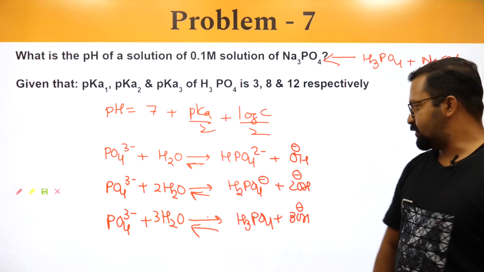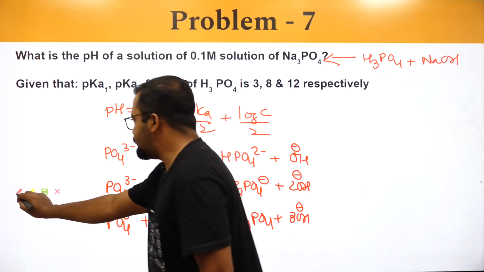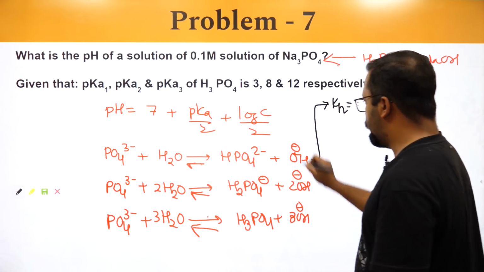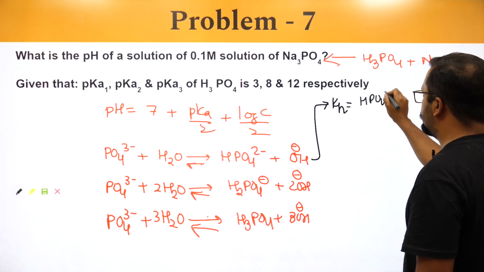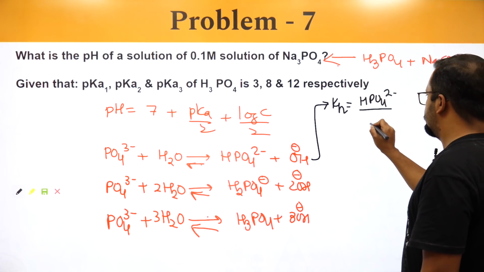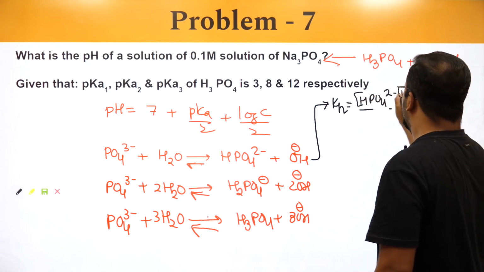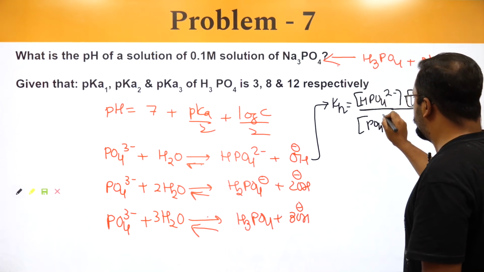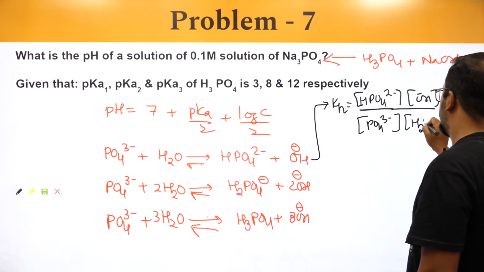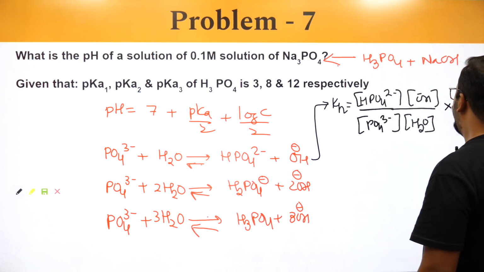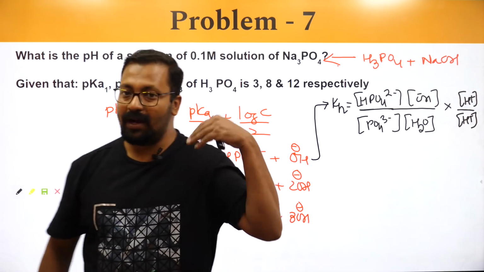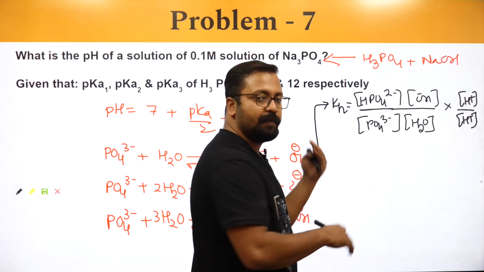What is the equilibrium constant for this? How do I calculate it? I will do a very simple calculation. I'll take HPO4 2 minus times OH minus by PO4 3 minus times H2O and multiply this with H plus, that is, multiply the numerator and denominator by H plus.